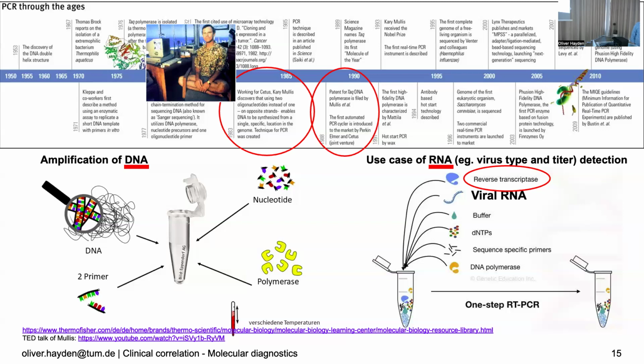It's another enzyme. And what it does, it just helps you to get from the RNA level to the DNA level. And then from the DNA level, you actually start to do the PCR reaction. Okay. So, it's not that simple. The reality is actually much more complex if it really has to become of clinical relevance.